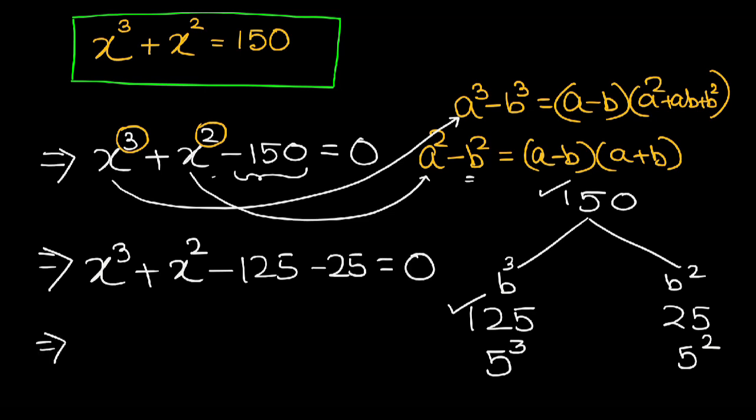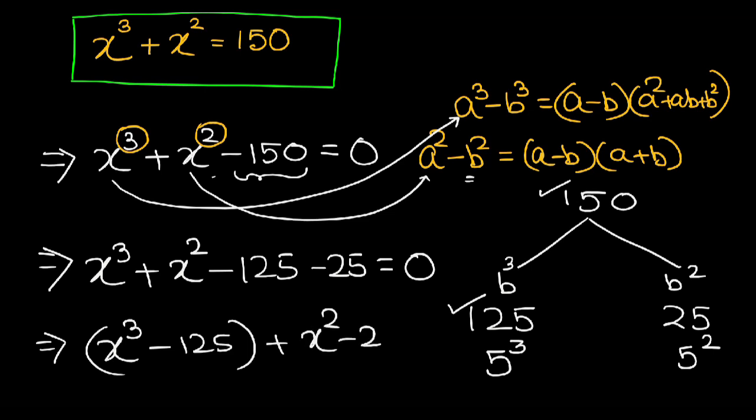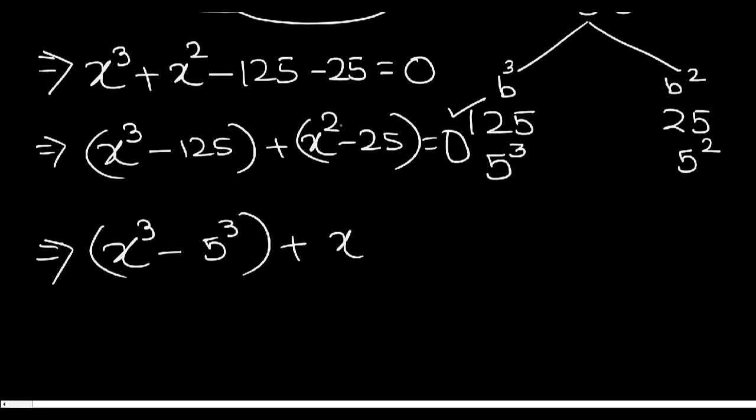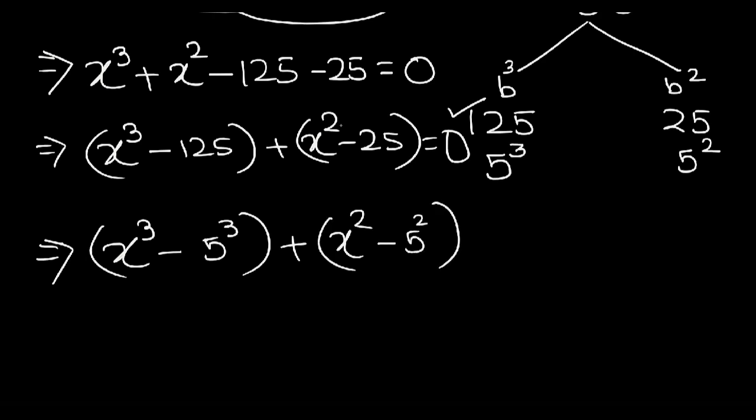Now arranging this equation, we can write x cube minus 125 plus x square minus 25 is equal to 0. Now we can write this equation as x cube minus 125 is 5 cube plus x square minus 25 is 5 square is equal to 0.